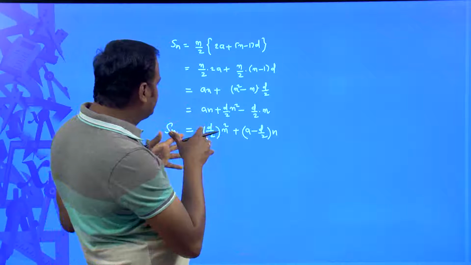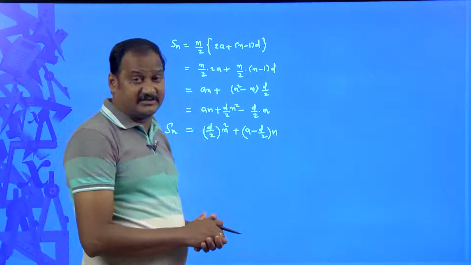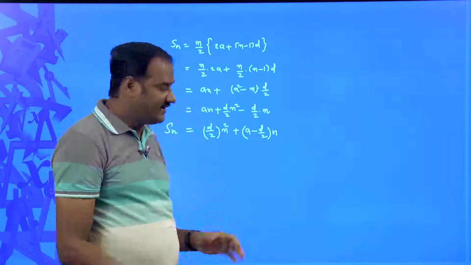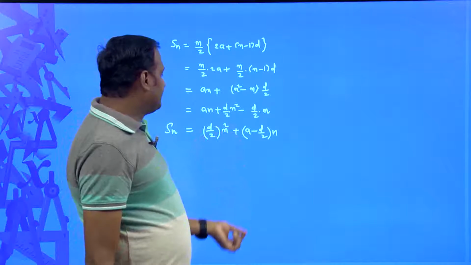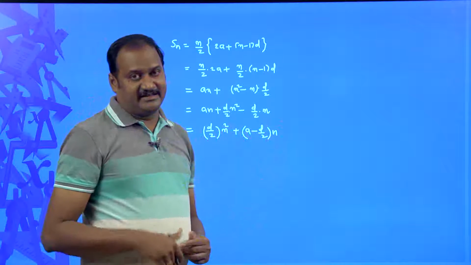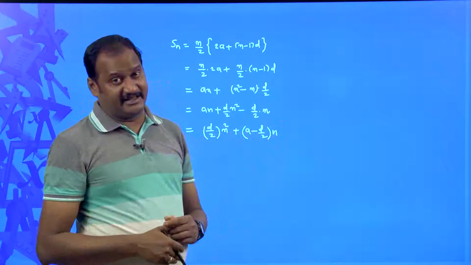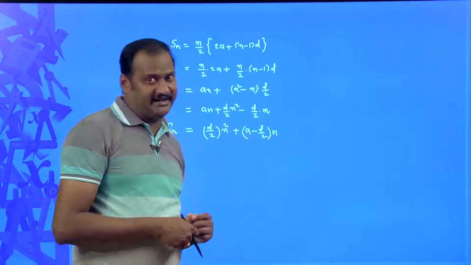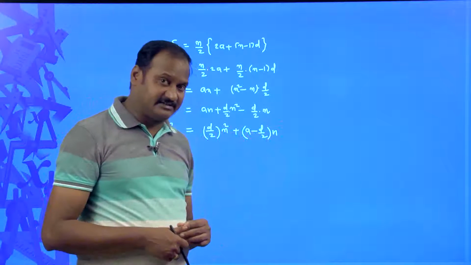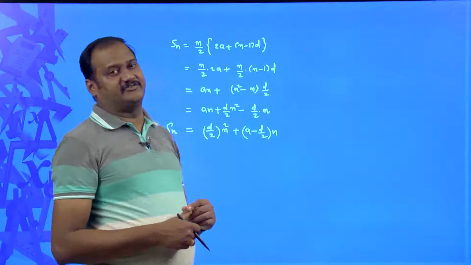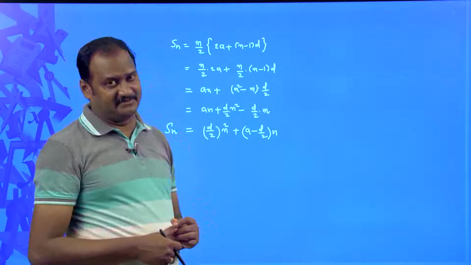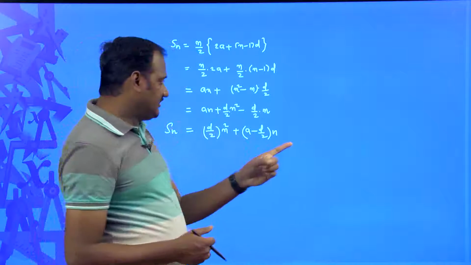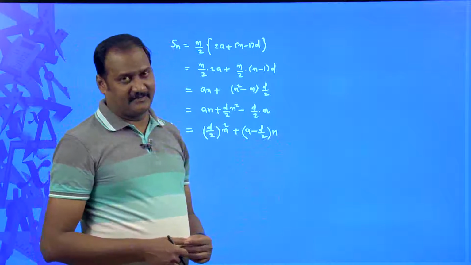So, what can you say about the sum to n terms of an arithmetic progression? This is in which form? Something into n square plus something into n. The n square term is there, the n term is there. Can we call it a quadratic expression, a second degree expression? Absolutely, you can call it a quadratic expression or second degree expression, but ensure that there is no constant.